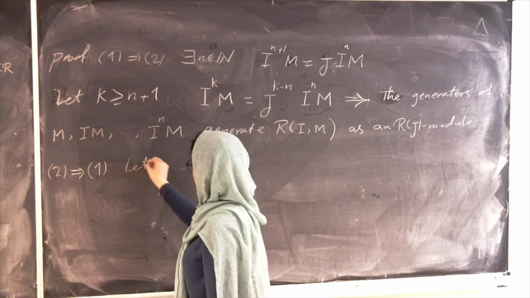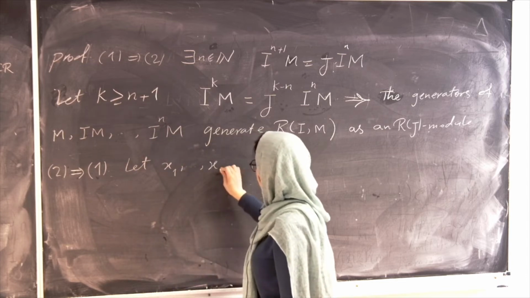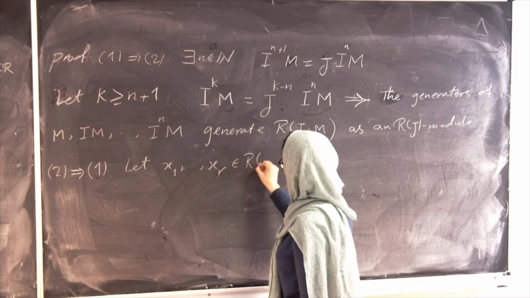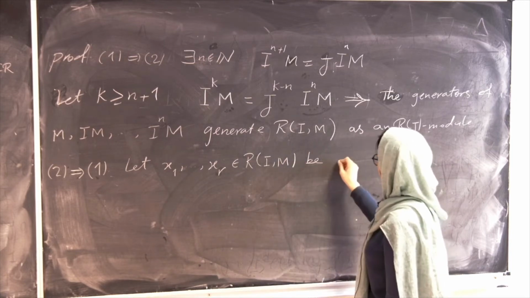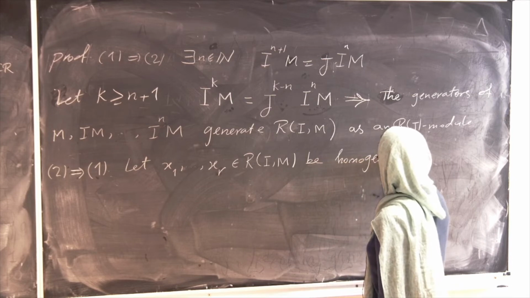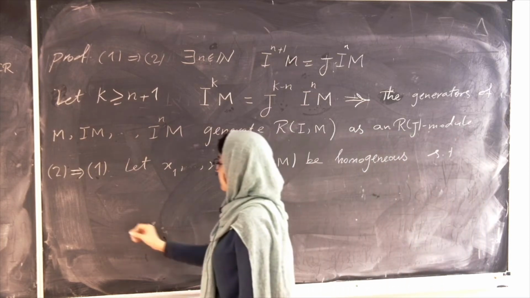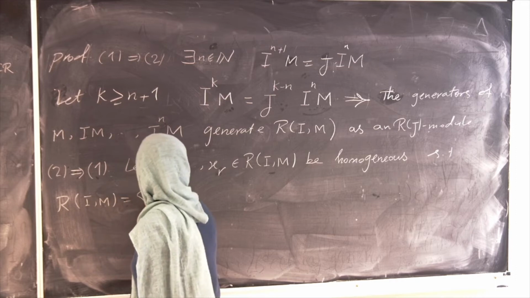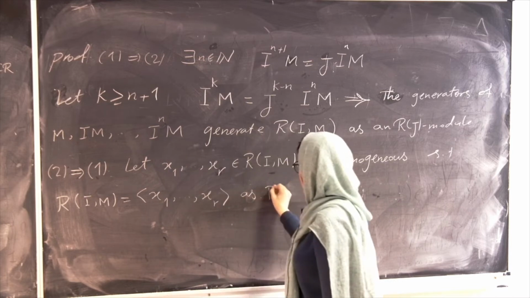So let x1 up to, say, xr be some homogeneous elements in the module such that they generate the module as a Rees ring of J module, of course.